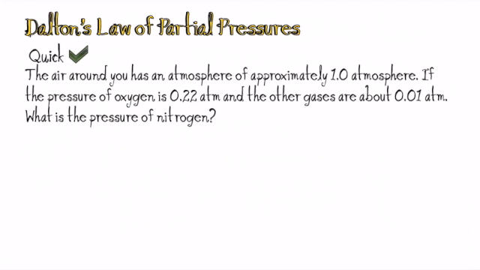Quick check. The air around you has a pressure of approximately 1 atmosphere. If the pressure of oxygen is 0.22 atmospheres, and the other gases are about 0.01 atmosphere, what is the pressure of nitrogen? So P total is equal to the pressure of oxygen plus the pressure of other gases plus the pressure of nitrogen.